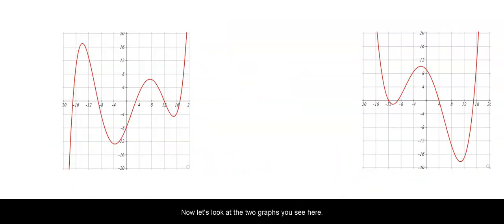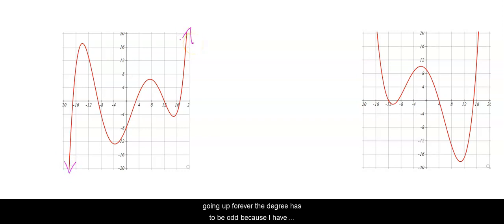Let's look at the two graphs you see here. The one on the left, you can see that the arm on the left side is going down forever and the arm on the right is going up forever. The degree has to be odd because I have one up, one down.